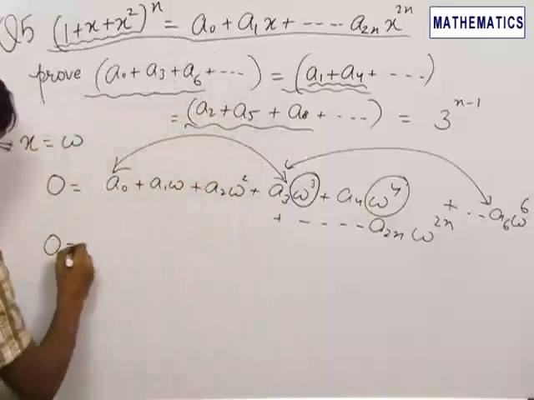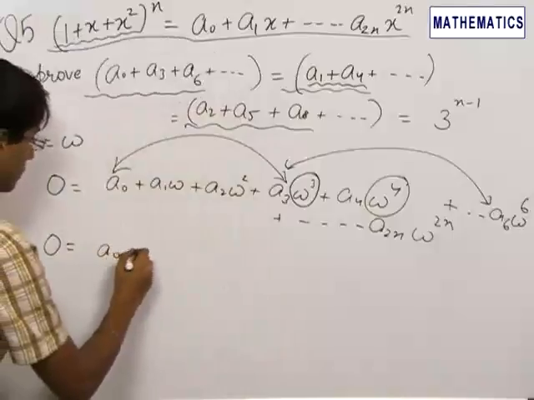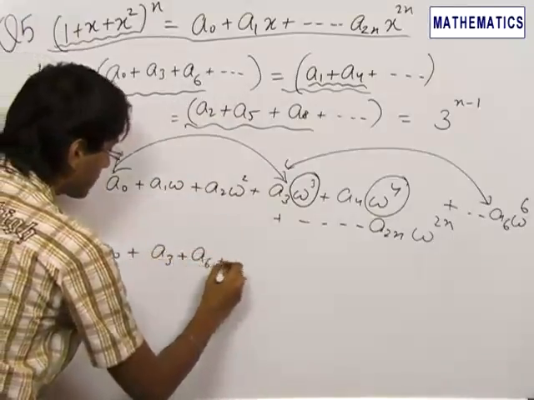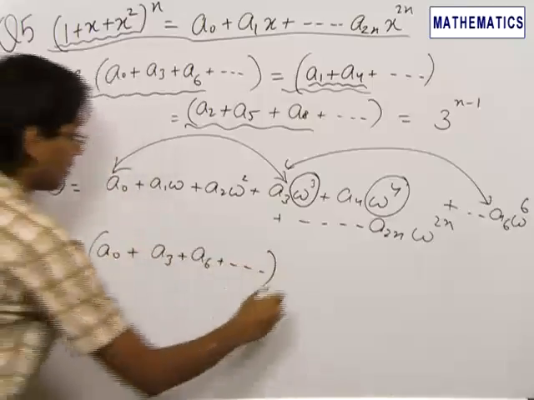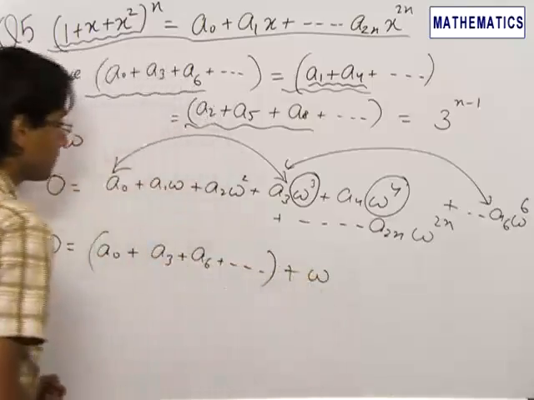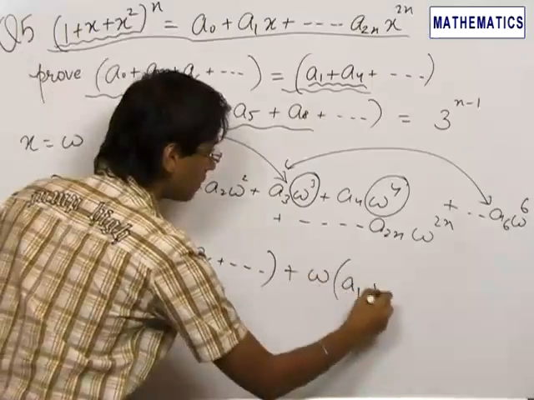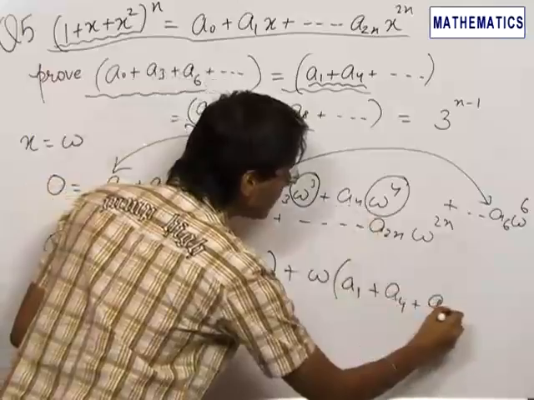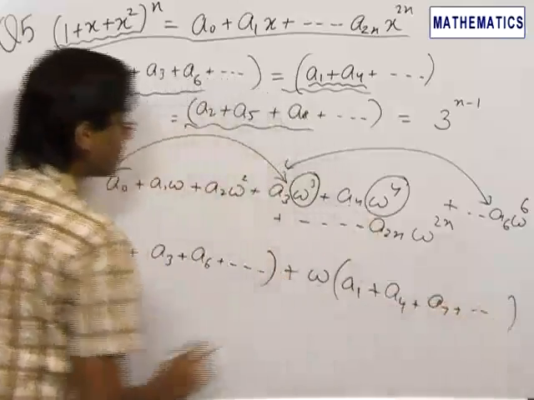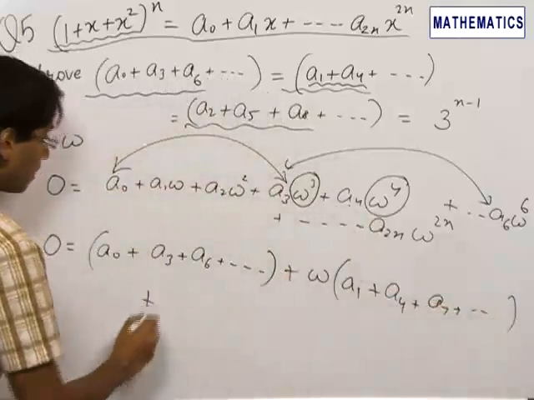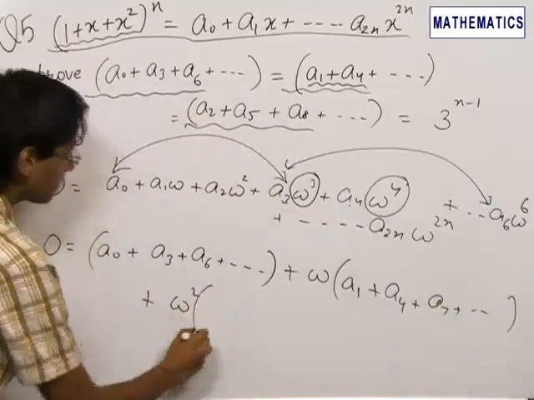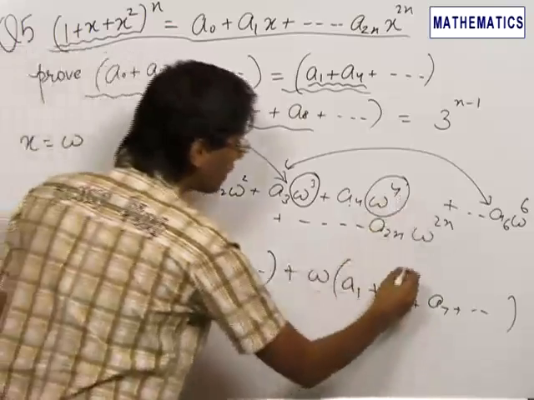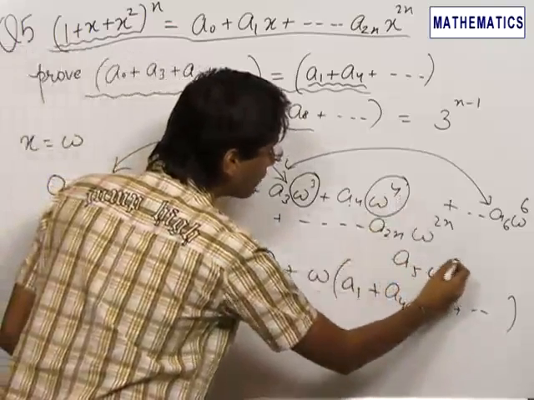So this becomes 0 equal to a0 + a3 + a6 plus omega times a1 + a4 over here, and definitely the next term will be a7, up till the last term, plus omega square times a2, and definitely there will be a term a5 into omega^5.